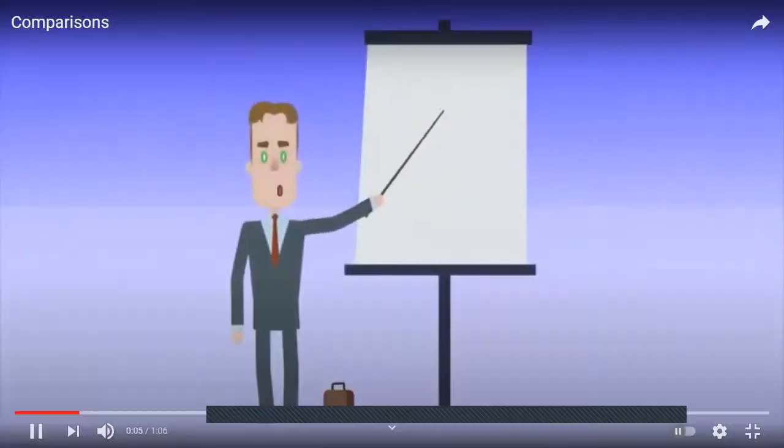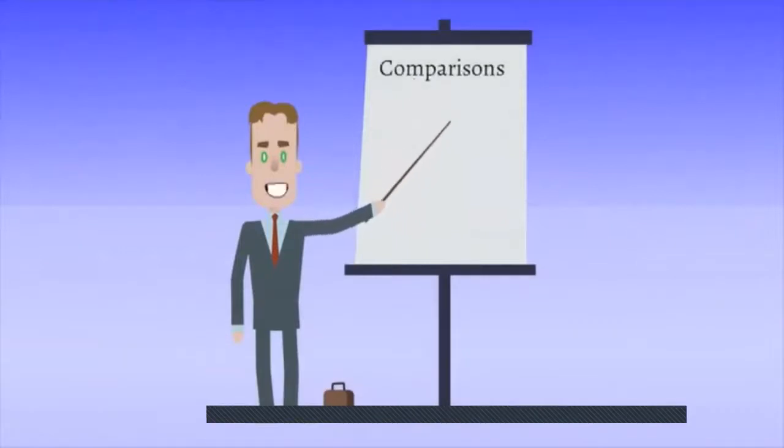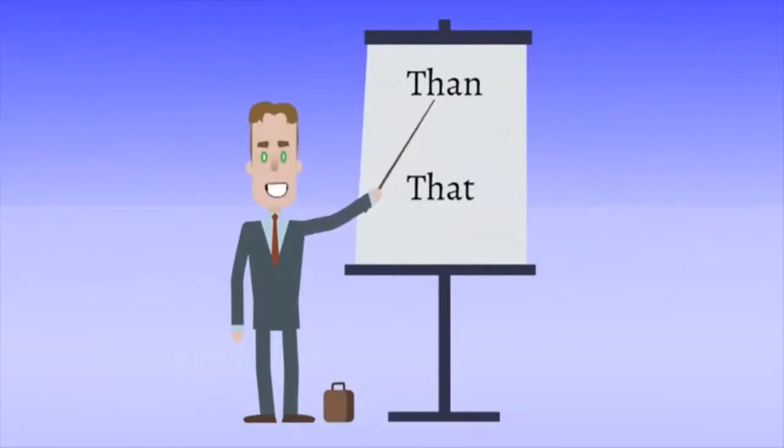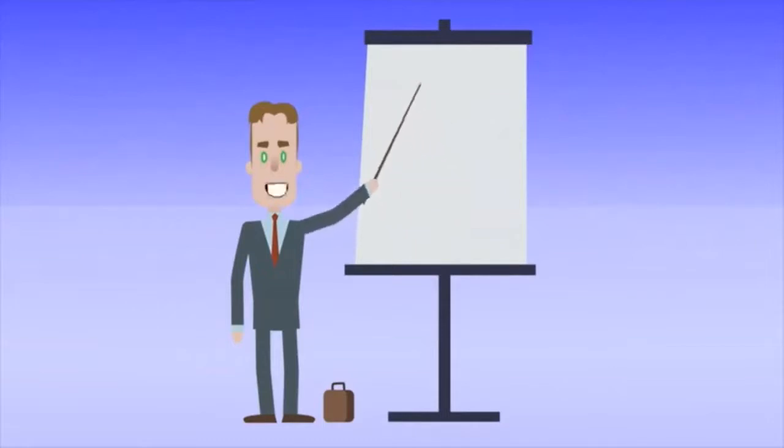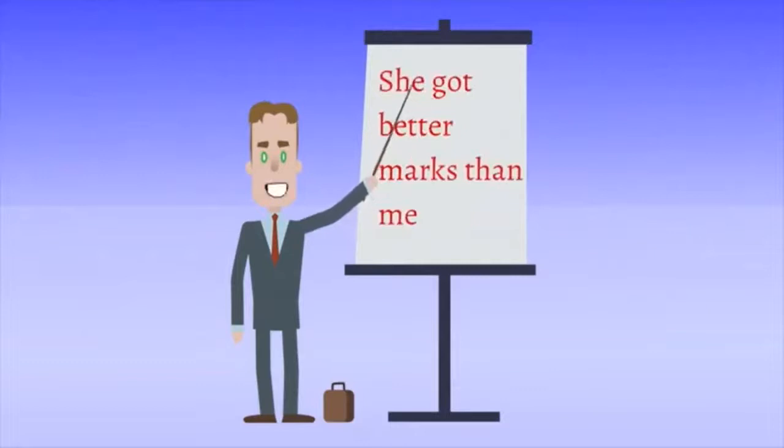Today we will learn about comparisons and how can we make a comparison in a sentence. Always remember to use than as a comparison form and not that. That is a wrong sentence. For example, she got better marks than me.